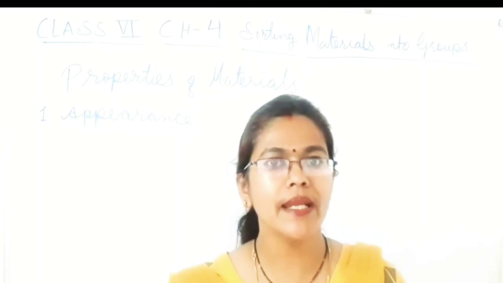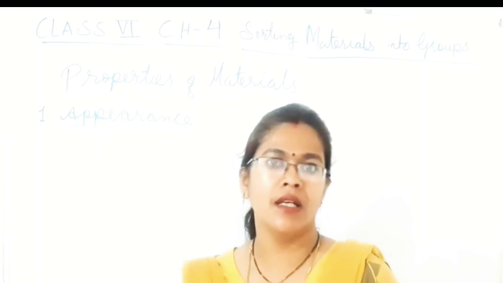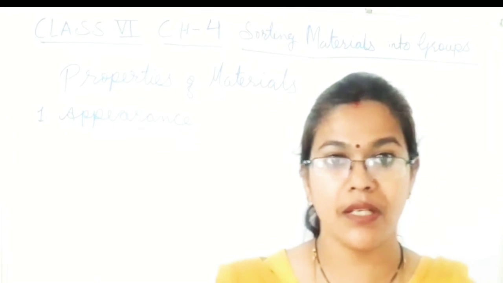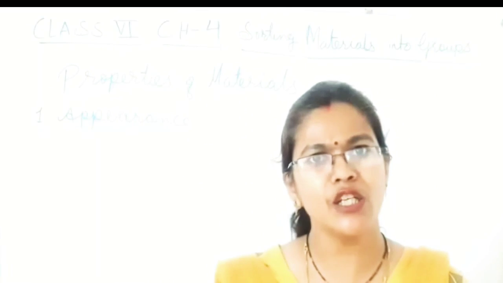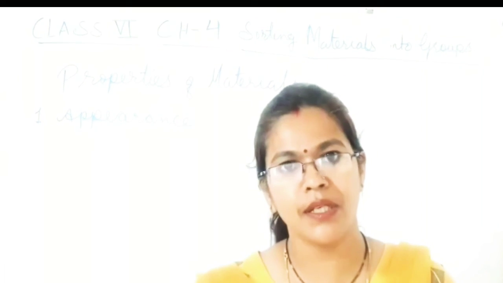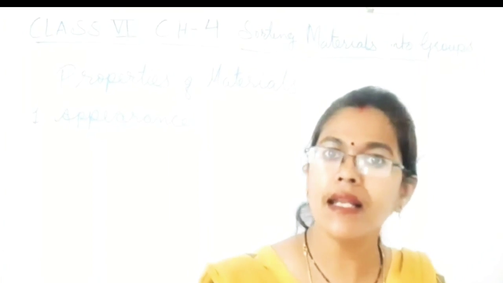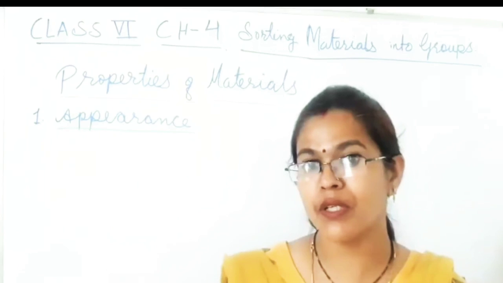So we will do one activity to understand this appearance. If you see, some are very lustrous or shiny in appearance and some are dull in appearance. So we will try to understand this by performing one activity.